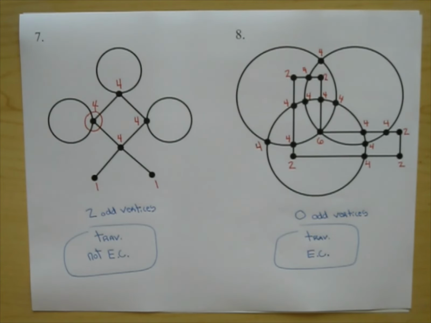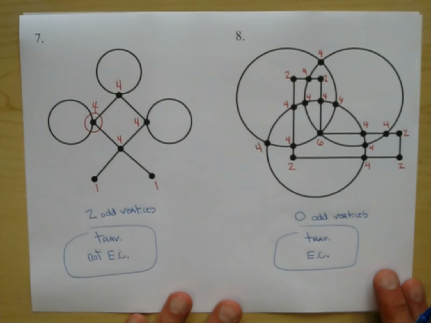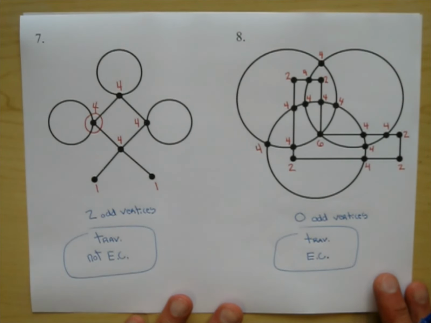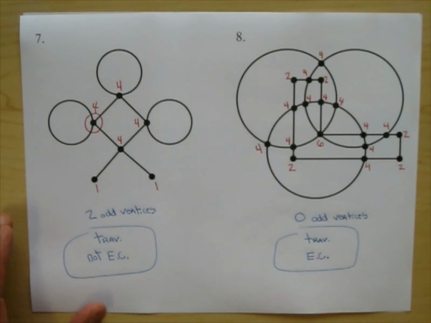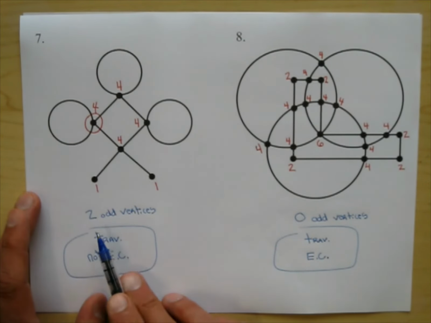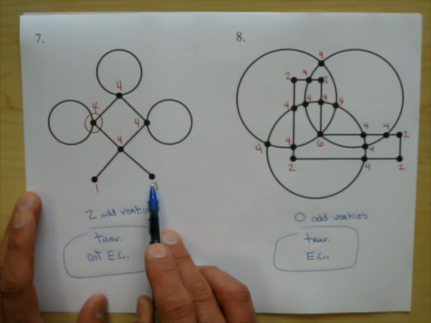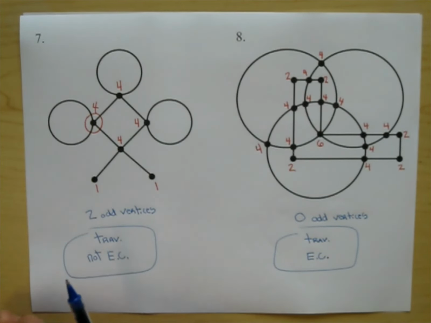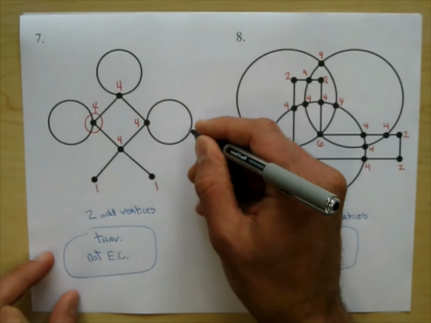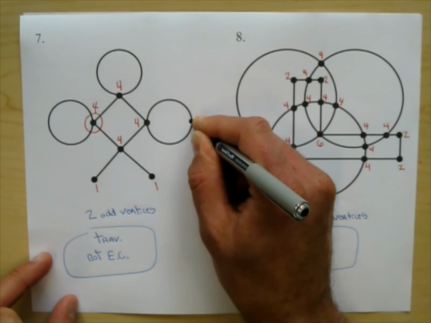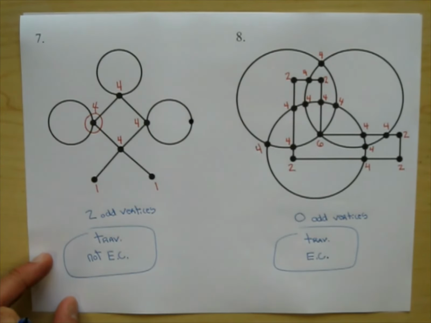Okay, now before we finish up this lecture, I'm going to tell you something that's a bit scary on these. Let's go back to this one right here. We have 2 odd vertices, that one and that one right there. Well, isn't it true that I could have put another vertex right there? I know what you're thinking. You're thinking that's cheating. So some of you may want to skip over this because it's going to be a little high level.